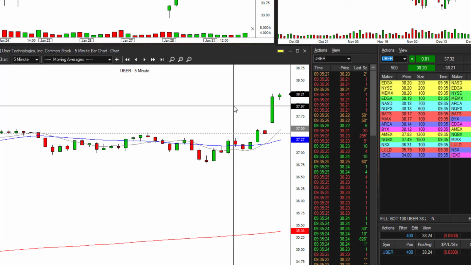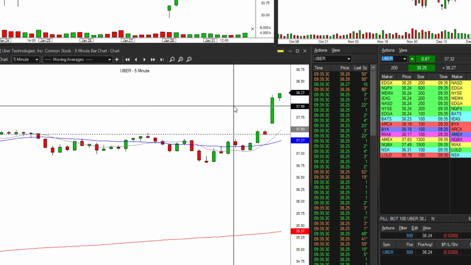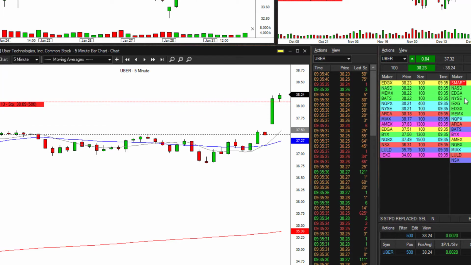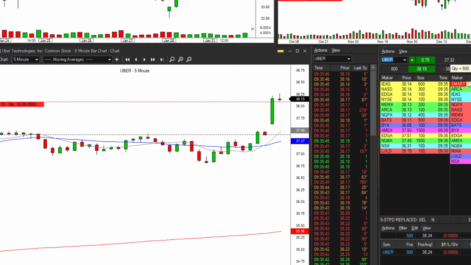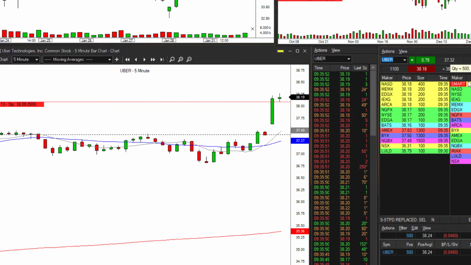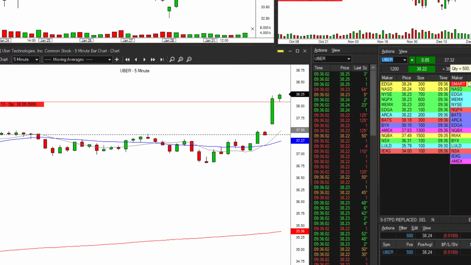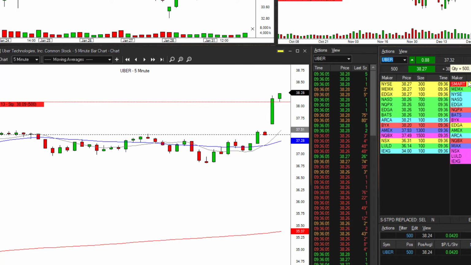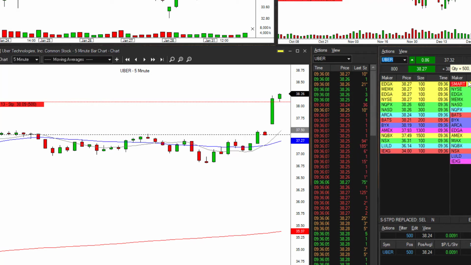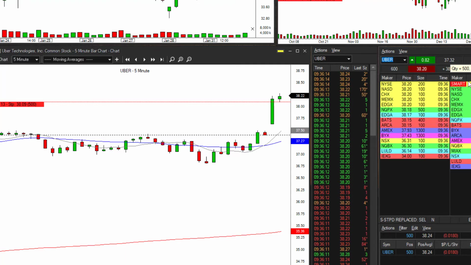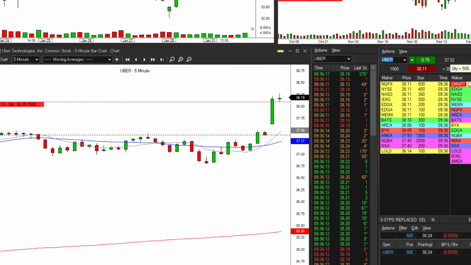On to risk management, the most important part of any trade, placing my stop under the low of our give back bar. Now, whether you prefer hard stops or mental stops, it is vitally important that you protect yourself, because even the best setups can and will fail on you. So make sure if you take a trade, know where your stop is and protect yourself.